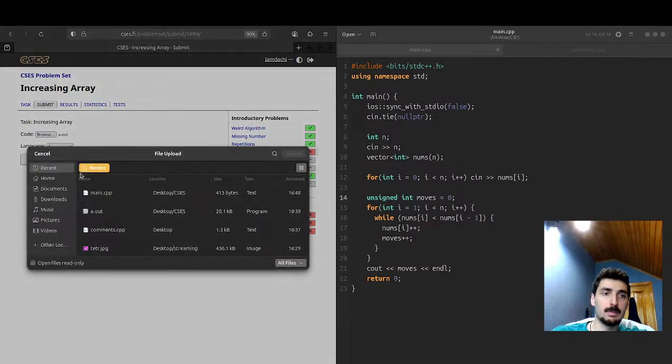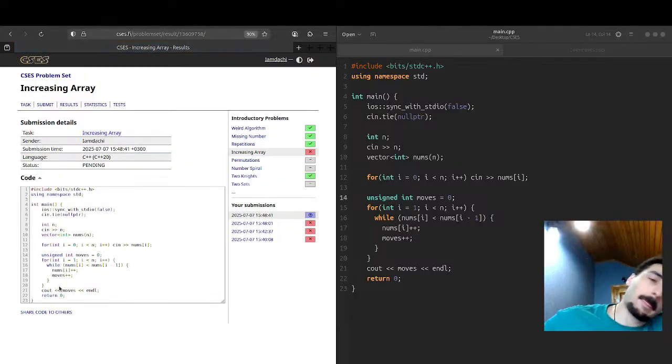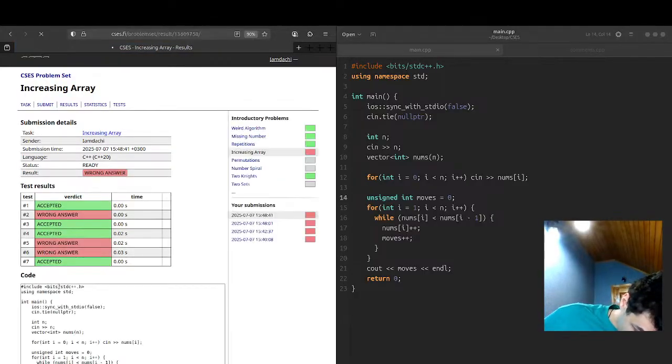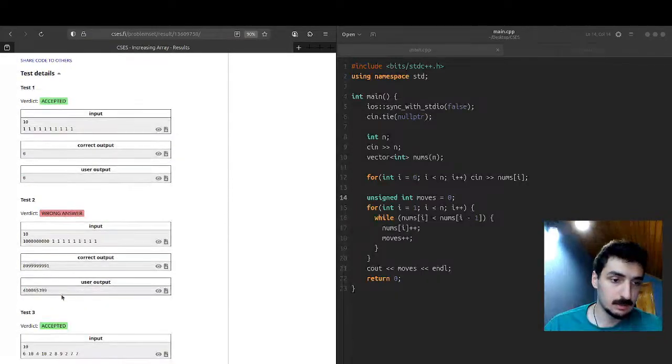No, no, no, not the binary. Wrong answer still?